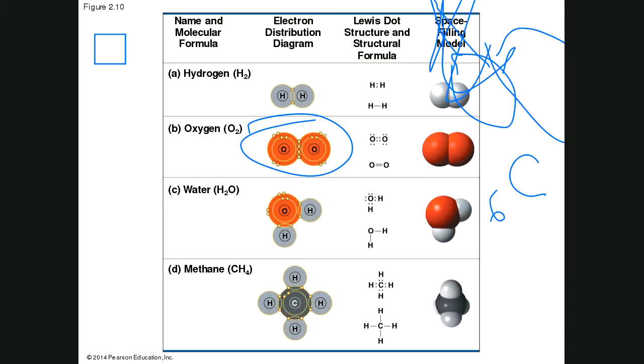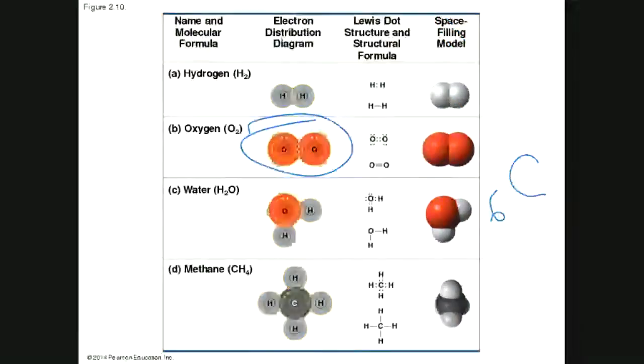But what we say about oxygen is oxygen, the nucleus specifically of oxygen, has a very strong affinity for electrons. All right? It has a very strong affinity for electrons. What's affinity? What does that mean? If you have an affinity for something, what is it you have?